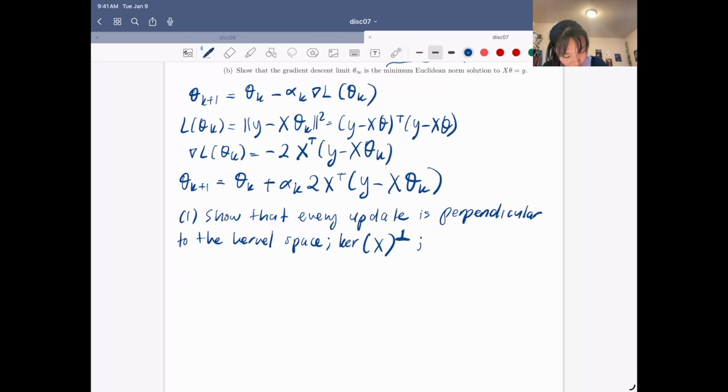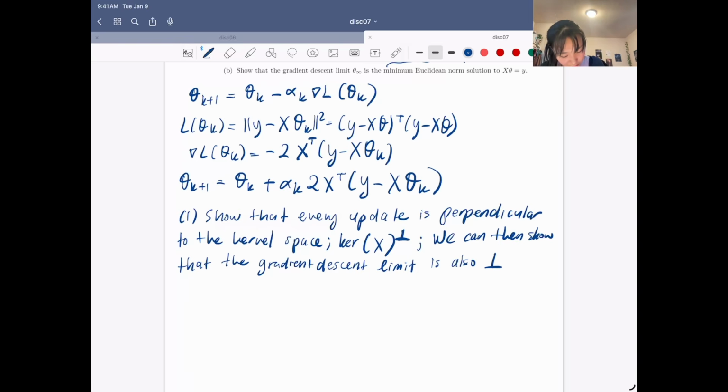So we can then show that the gradient descent limit is also perpendicular to the kernel space, which is better written as: it's in the perpendicular space to the kernel space.